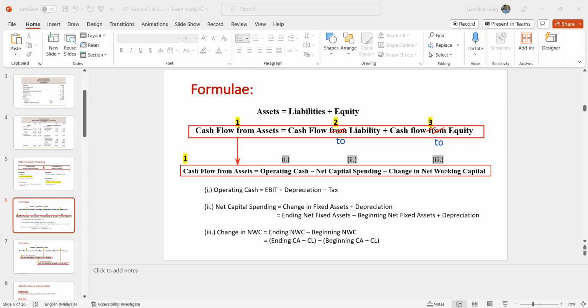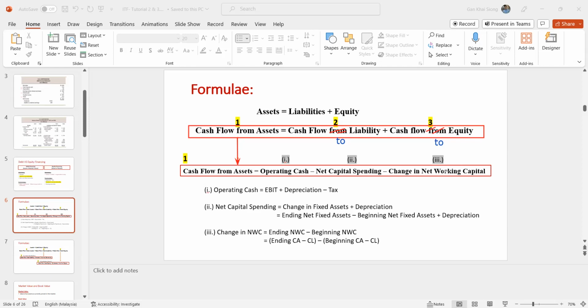So when I look into the cash in the asset component, I look into the operating cash, minus any net capital spending and minus any change in net working capital. So that's our first formula.